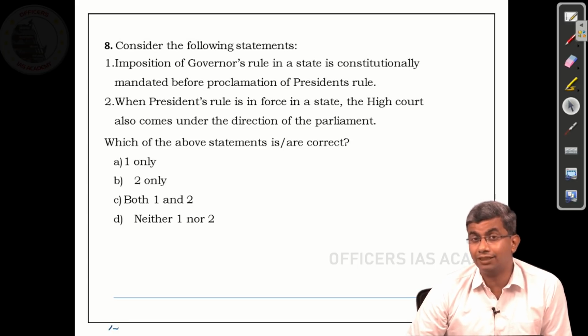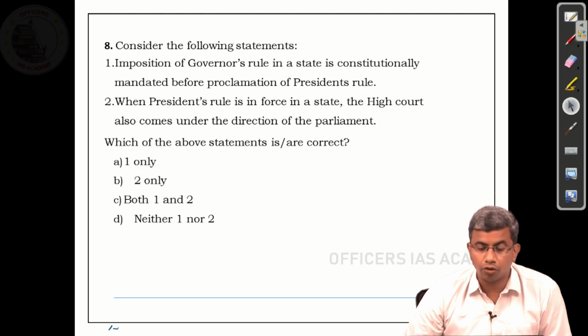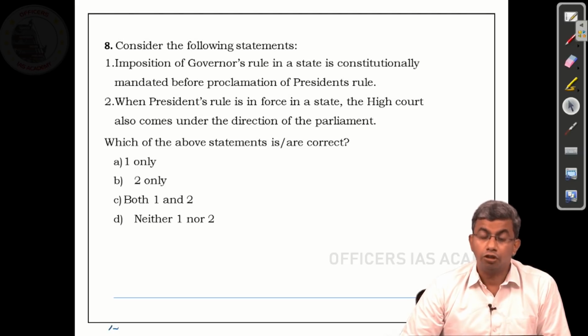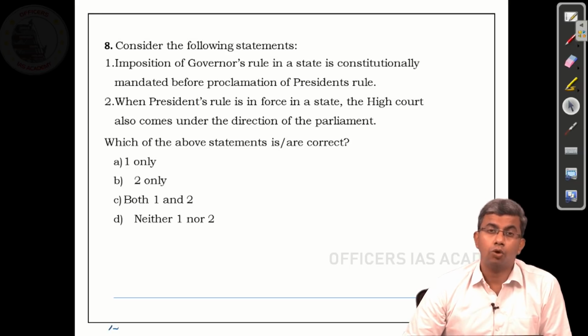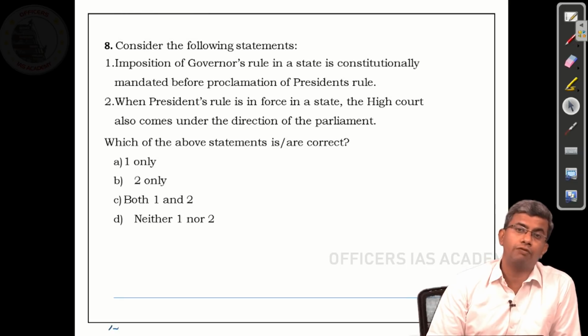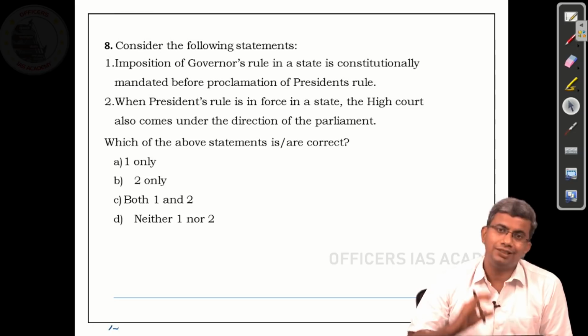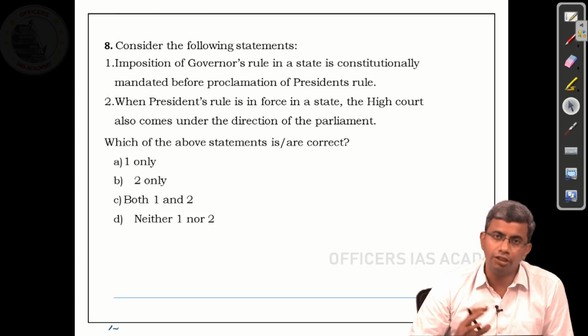So it has a current affairs relevance. So please have that in mind. When president's rule is enforced in a state, the High Court also comes under the direction of the Parliament. So the first statement is not correct. It is only for Jammu and Kashmir. Under the Jammu and Kashmir constitution, governor's rule is required for 6 months and then it moves to the president's rule. But for all other states, it's directly the president's rule. The first statement is wrong.